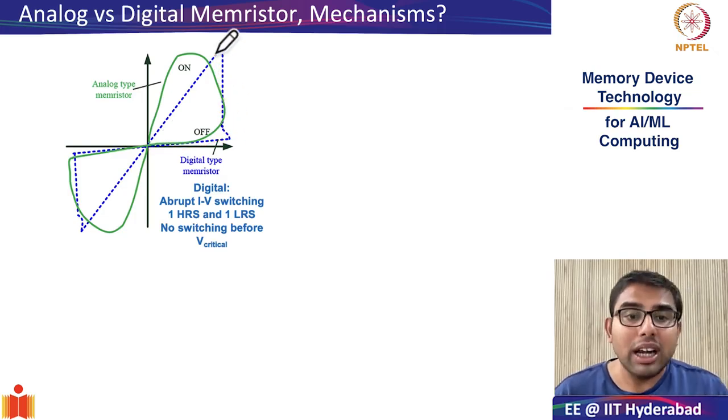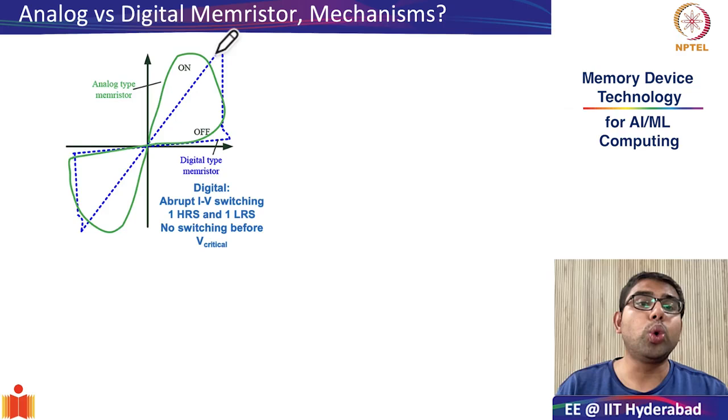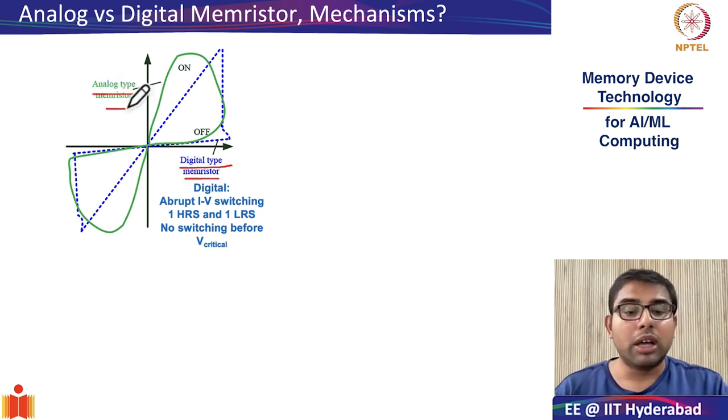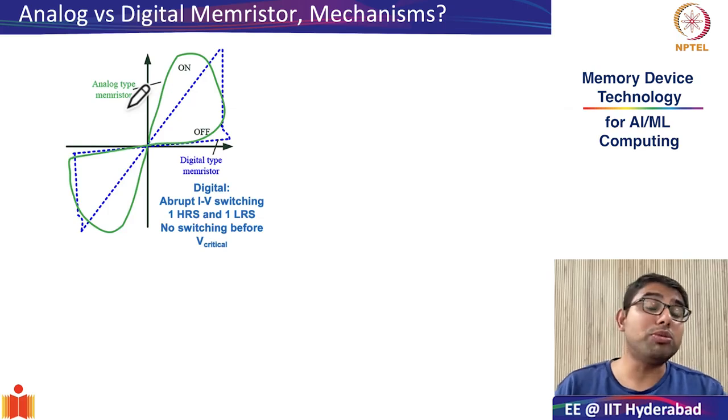So primarily what I'm trying to get at is there are two kinds of memristive behavior that we see. One is called digital type memristor or digital memristor, and another is analog type memristor. Before we talk about physical mechanisms, it might be valuable to delineate both these types of memristor action.